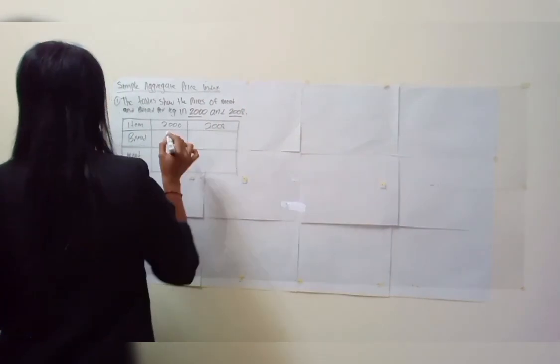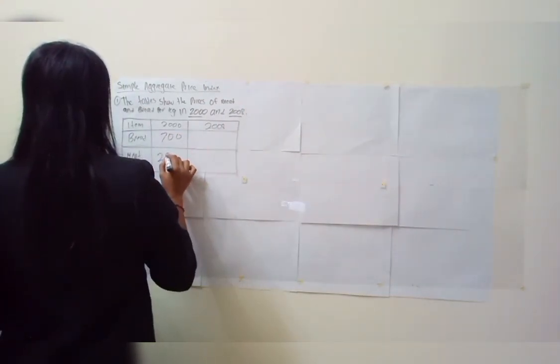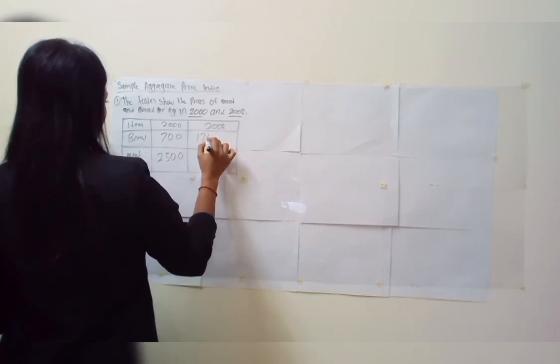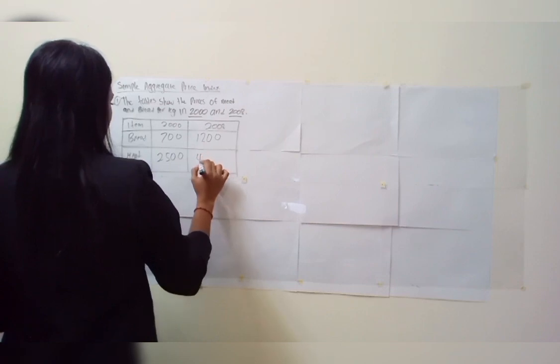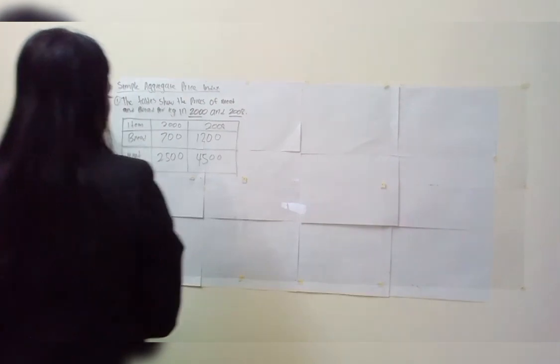Bread is 700 in year 2000 and 1200 in 2008, and meat is 2500 in 2000 and 4500 in 2008.